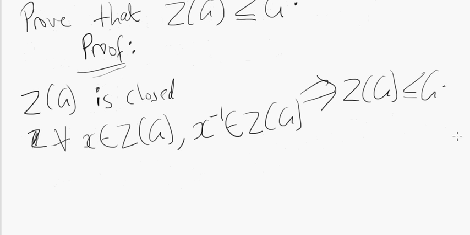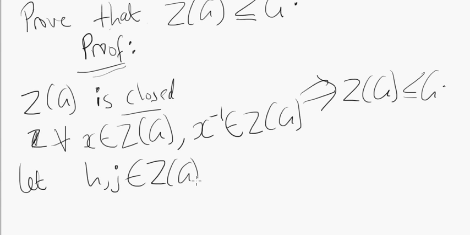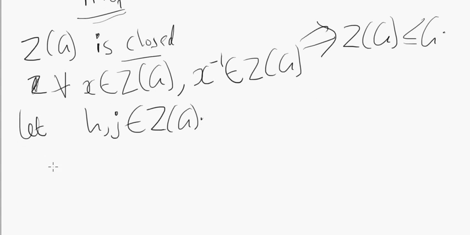So let's get to it here. Let's prove closure first, that it's closed. So let h and j be elements of the group. Not elements of the group, but another mistake. We want to call them elements of Z of G. Well, what do we know?